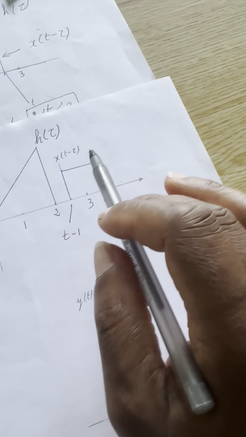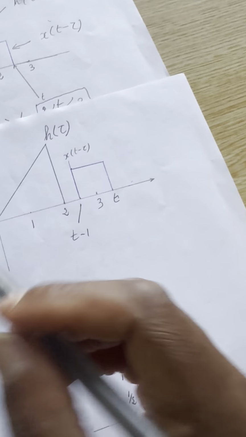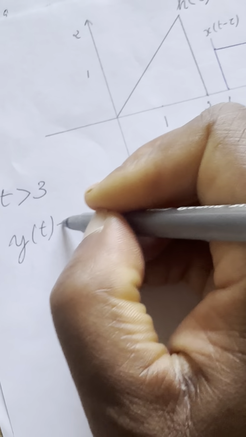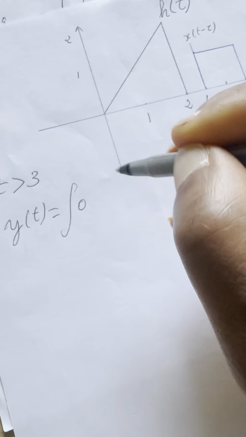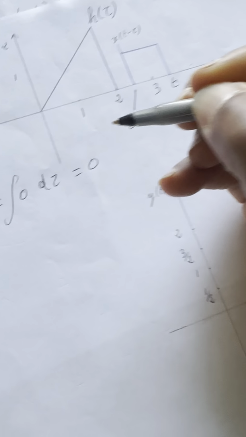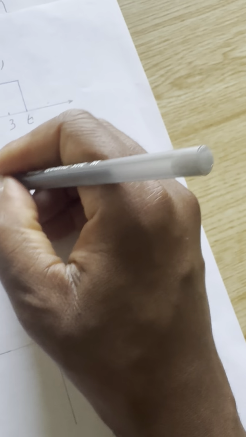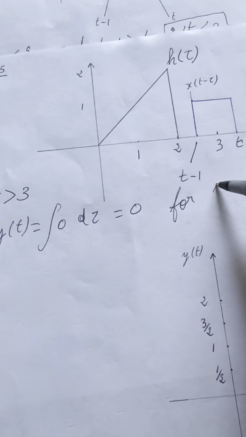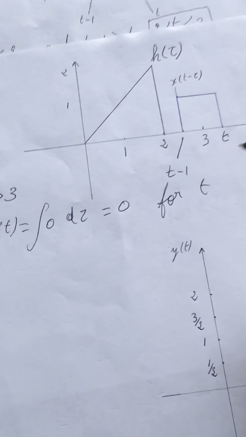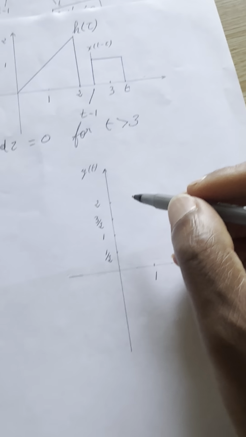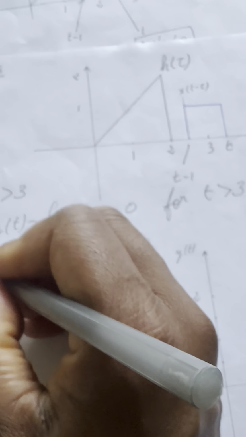We have nothing in common. So y(t) is the integral of 0 d tau, equal 0, for t greater than 3.